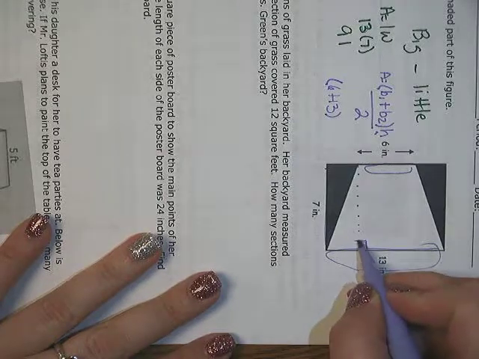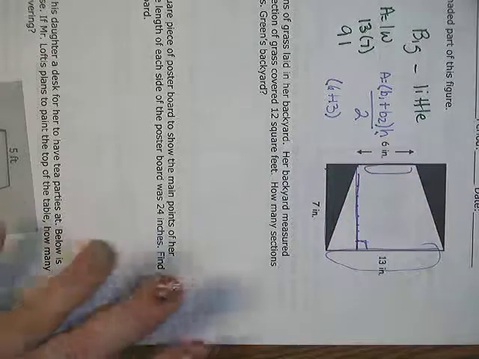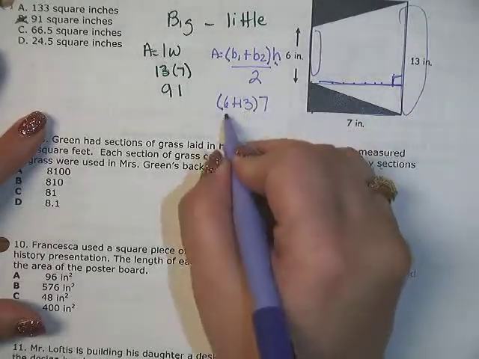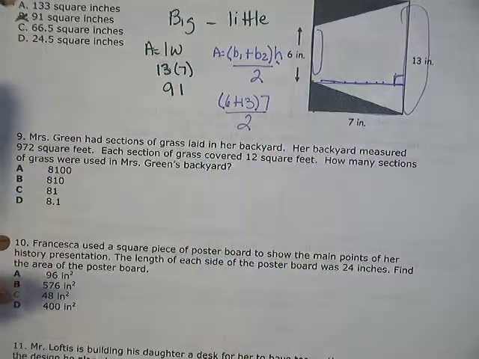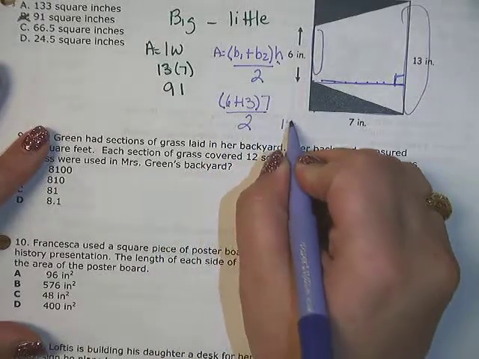And we talked on another problem earlier that your base and your height are perpendicular. Perpendicular is just a fancy word for right angle. Okay? So my right angle is right here, so my height is 7. Then I divide by 2.